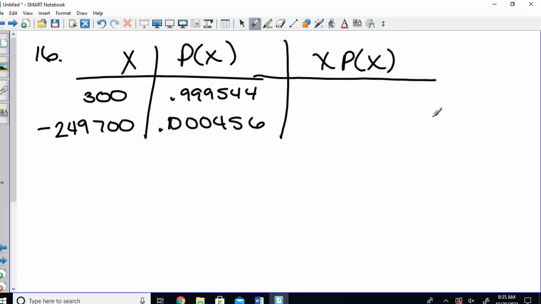So, mean is just the sum of x p of x. So you multiply those things together. I didn't break it up on mine.